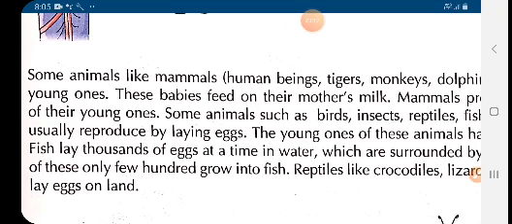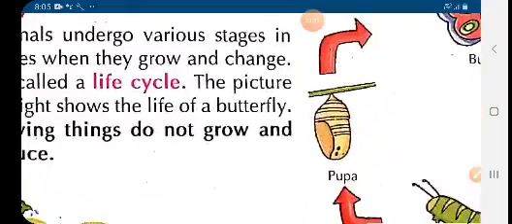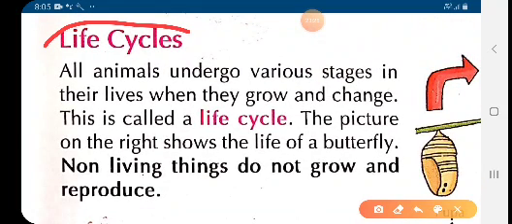Now next children, life cycle. All animals undergo various stages in their lives when they grow and change. This is called a life cycle. So all living beings have certain stages in their life.